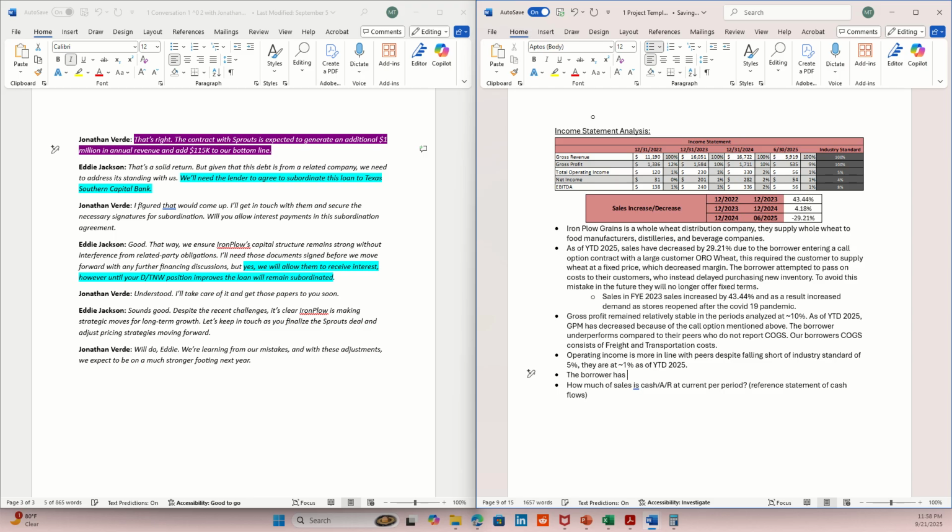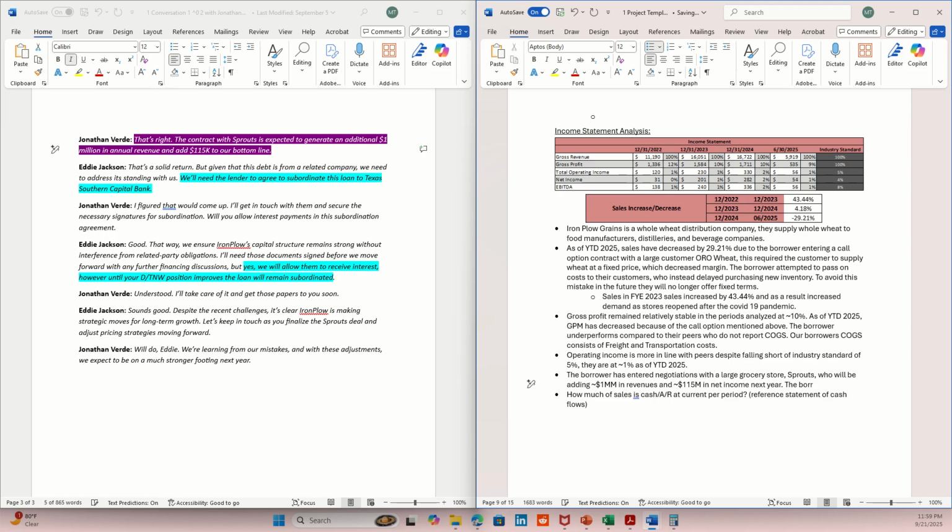The borrower has entered negotiations with a large grocery store, Sprouts, who will be adding around $1 million in revenues and around 1.15 M in net income in future periods, next year, right?